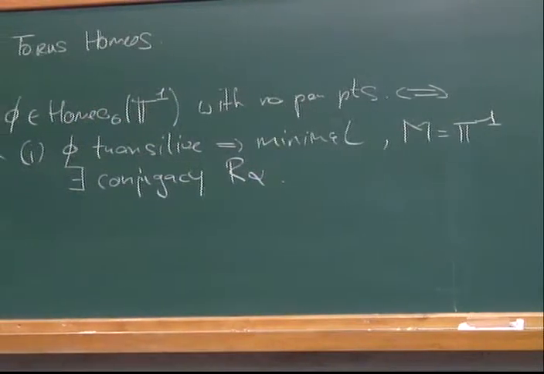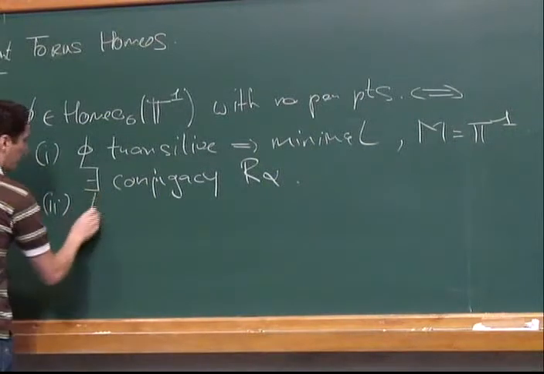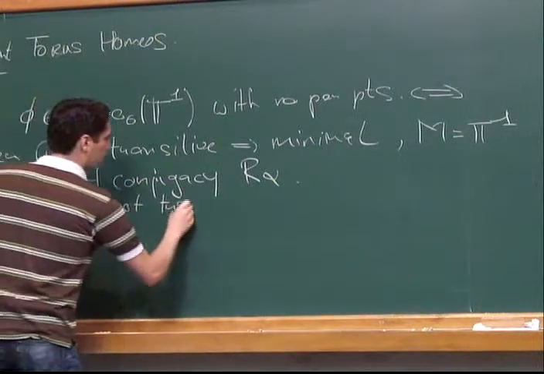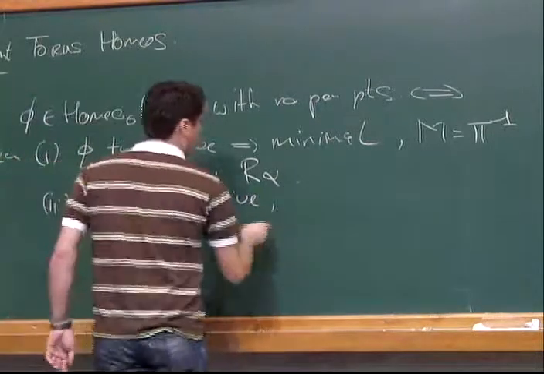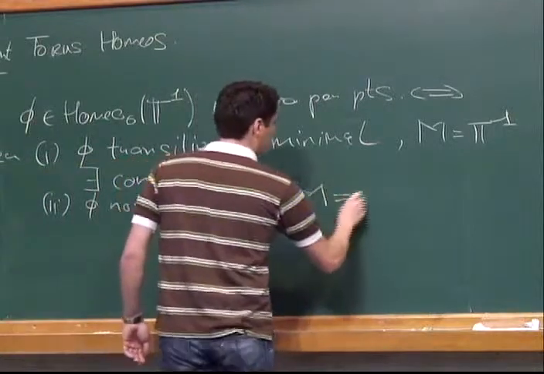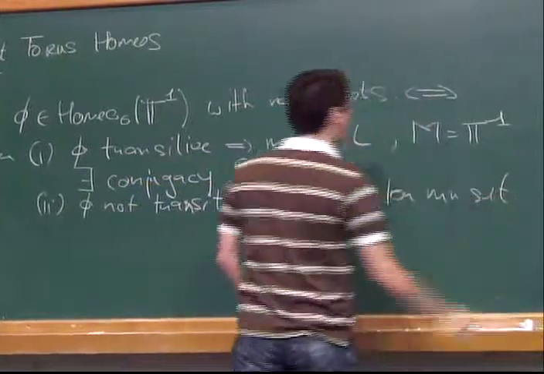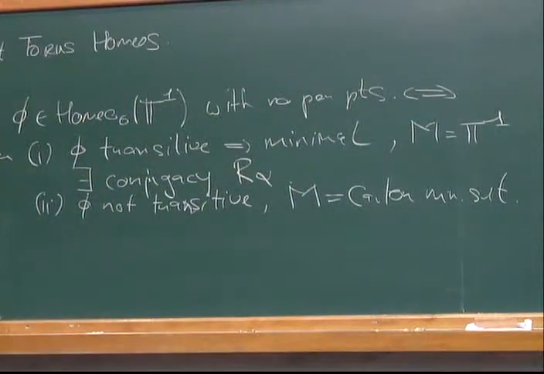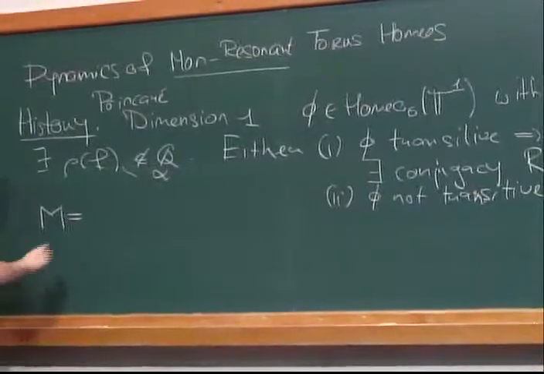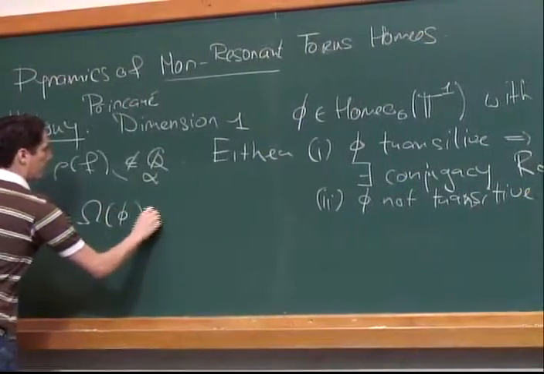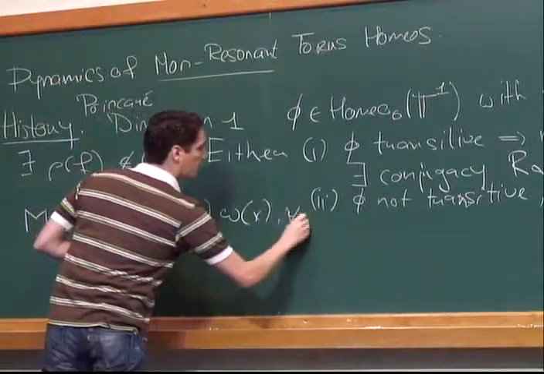Or two, phi is not transitive, and in that case, there is a Cantor minimal set. In either case, you do have nice orbit structures: the minimal set equals the non-wandering set, and that equals the alpha and omega limit set of every point in the circle.